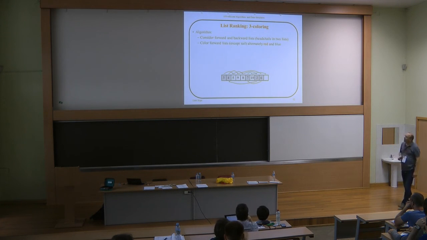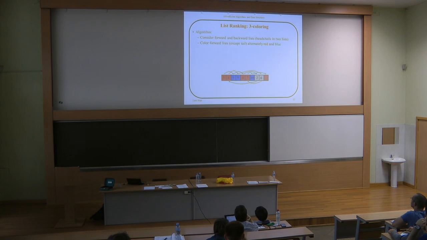Now I'm going to color the forward lists alternatingly red and blue, starting with red. So here it comes. 3 is red, 5 is blue, 8 is red, 4 is red, 9 is blue, 7 is red, and so on.